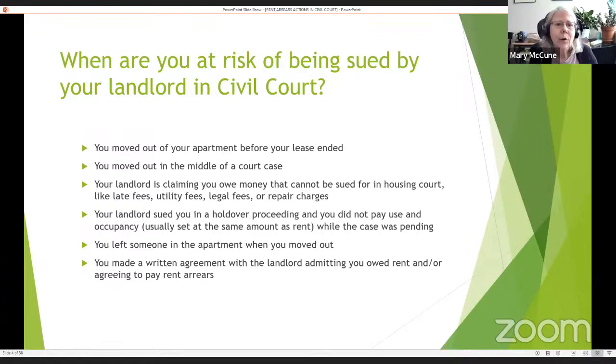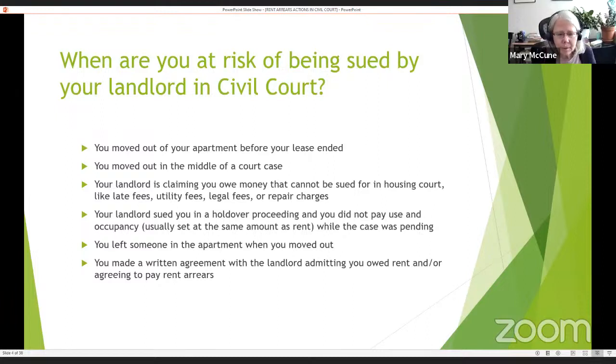It often also comes up that the landlord may have started a holdover proceeding against you in housing court. That's when they're suing you for a reason other than not owing rent. It often comes up, at least for rent stabilized apartments, when someone is claiming succession rights after the original tenant or the tenant of record has moved out, and the landlord often stops accepting rent after they file a holdover proceeding.